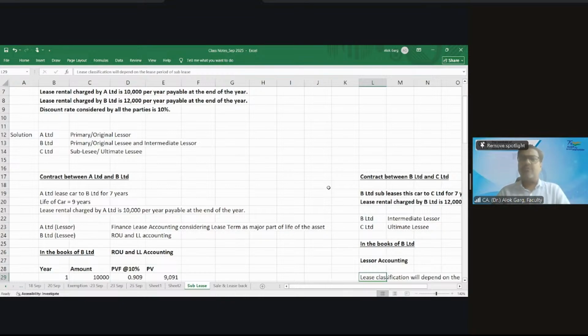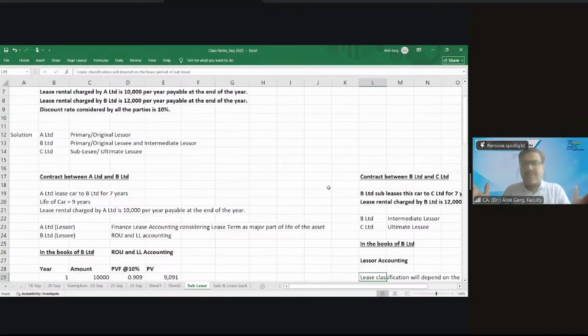Whatever asset is created in his books, he depreciates that. Since he has the asset for 7 years but is leasing only for 4 years, for example, the ultimate lessee, C Limited, recognizes the right of use asset only for 4 years, equivalent to the present value of the 4-year lease payments, and he depreciates that amount in his books of account.